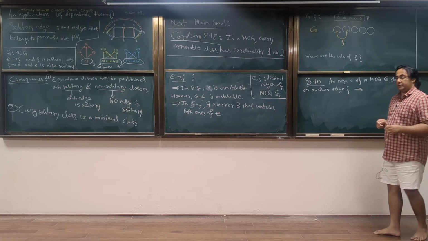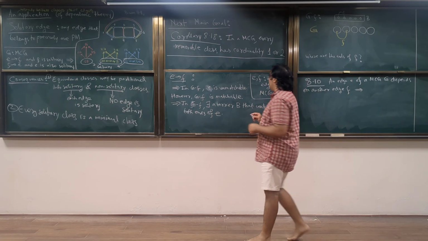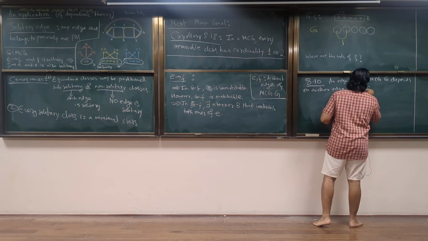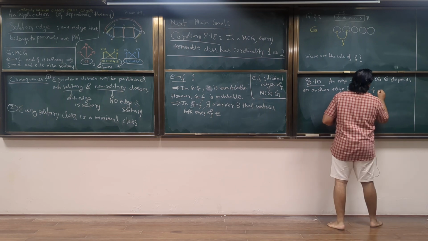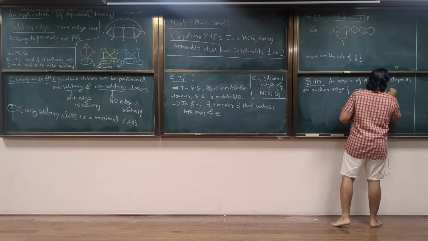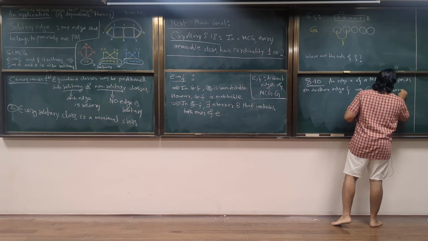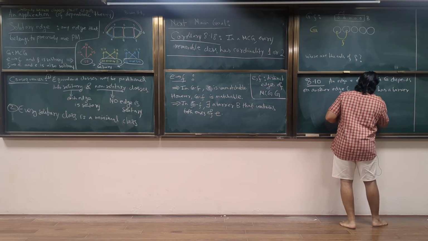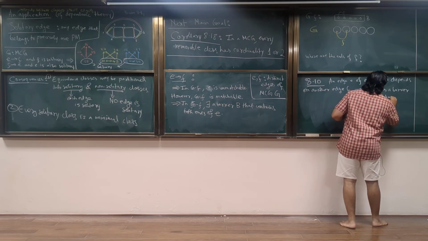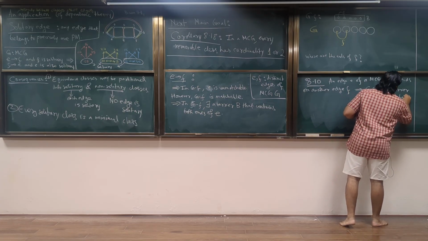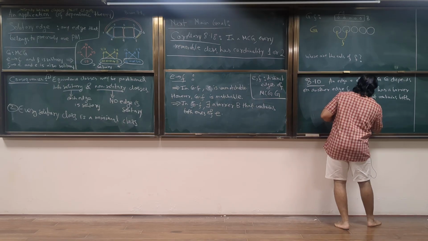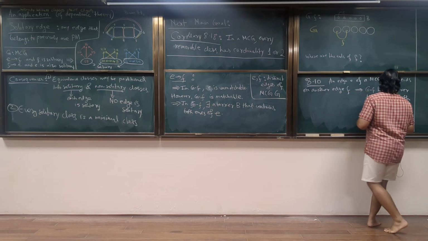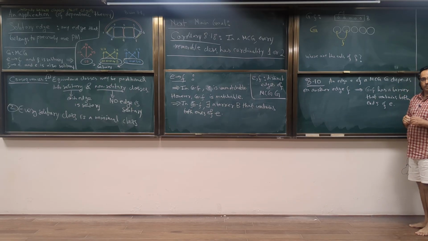If this is the case, then we concluded that G minus F has a barrier that contains both ends of E. Yeah?